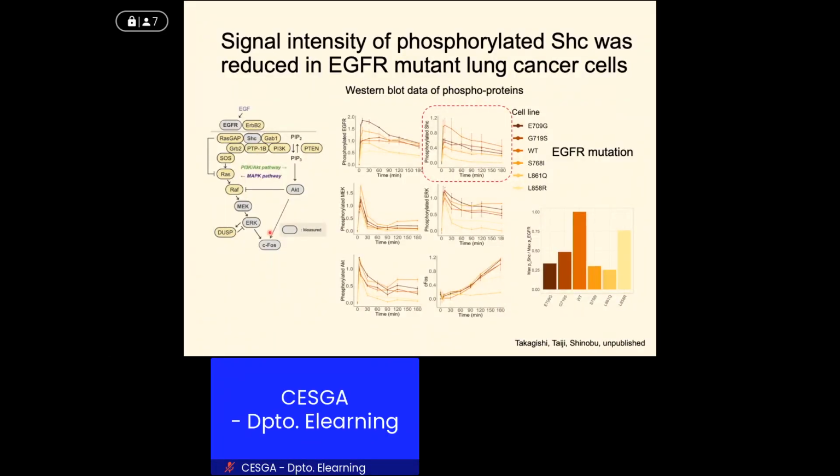So we looked for the reason why we couldn't do it. Lung cancer is well known for the EGFR mutation. So we looked at a typical EGFR mutation in lung cancer. In this case, we used 5 mutations and wild type.